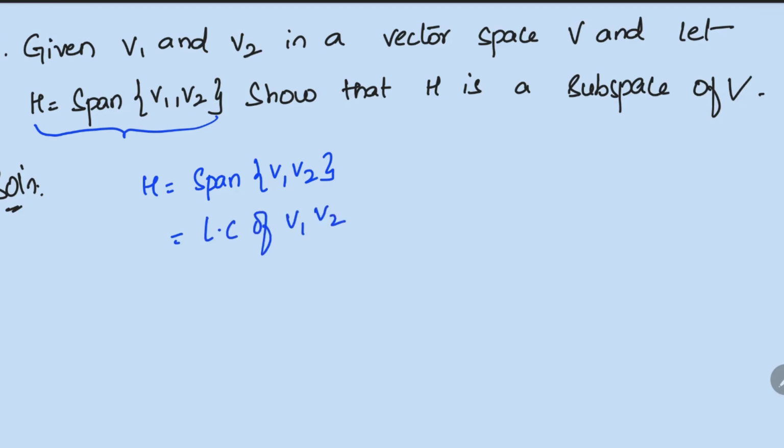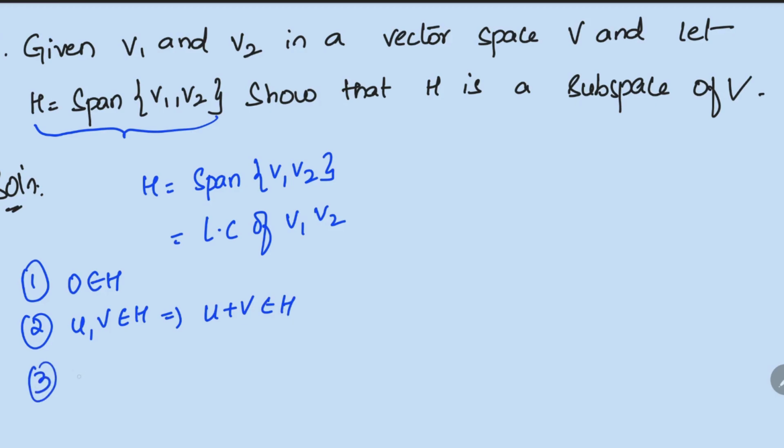So for a subspace we need to prove that 0 belongs to H, next that if u, v belong to H, then u plus v belongs to H, and third, if u belongs to H and c belongs to F, then cu belongs to H.